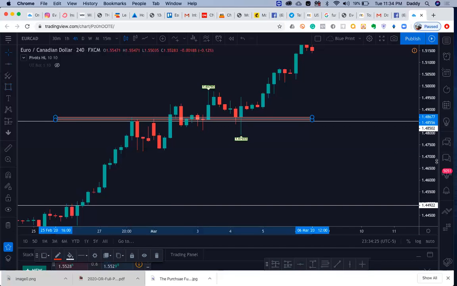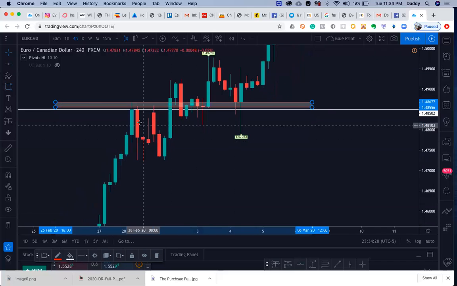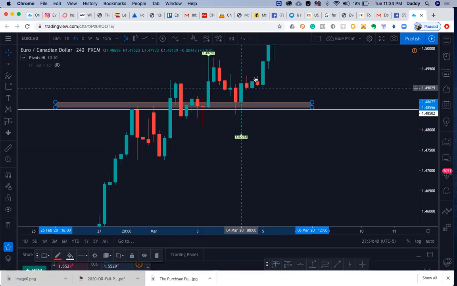Now, I want you to notice something when I covered that wick. Look right here at what price did. It came up, bounced off of that covering, bounced, and then went up off of that cover. So this wick basically acted as the completion for one of these three candles.